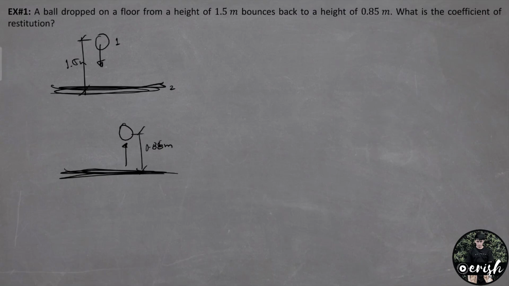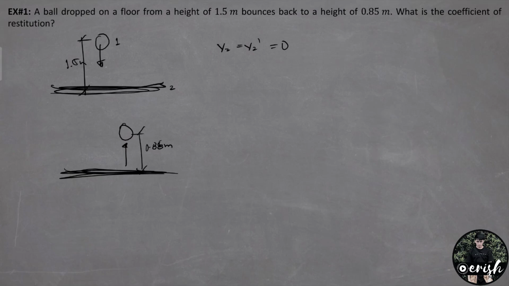Before the collision, of course, yung floor is hindi gumalaw, at rest lang siya. Same after the collision. Ibig sabihin, yung V2 as well as V2 prime, or yung final velocity after the collision, are all 0. So i-consider natin yung pataas as positive and yung pababa naman as negative.